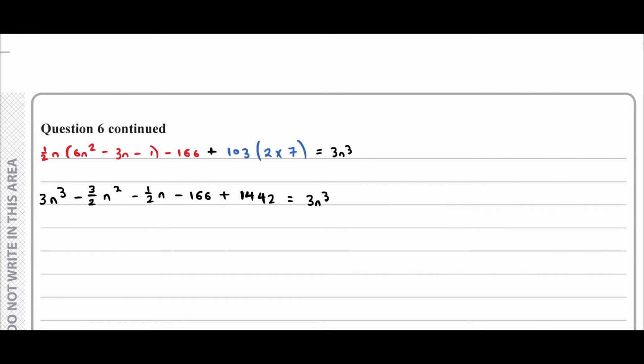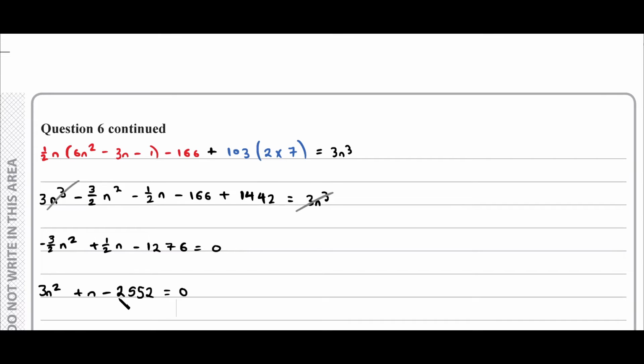And first of all, the 3n cubes cancel on both sides. And then if we do a bit of algebra, we end up with minus 3 over 2 n squared plus a half n minus 1276 equals 0. Multiplying through by minus 2, we end up with 3n squared plus n minus 2552, and this is equal to 0.